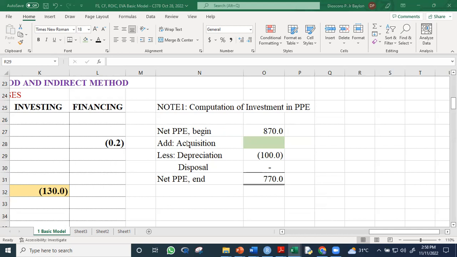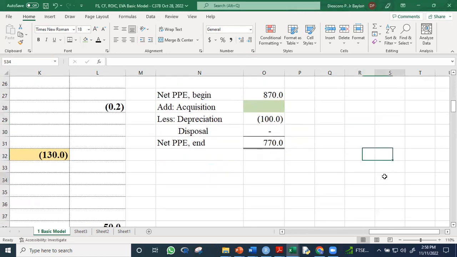Some of you are also writing on your own Excel worksheet, so let's give ourselves around 1 minute for you to write what I've just written here. Thank you so much for your feedback. All right, now our net PPE end is equal to 770.